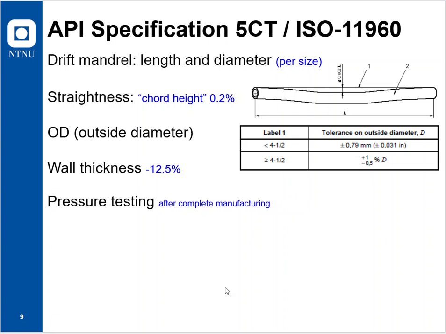You see some of the typical things you'll find in the standard here. There's a huge table in there with regards to how to not only have drift diameter, what you can put through, and this is quite important.